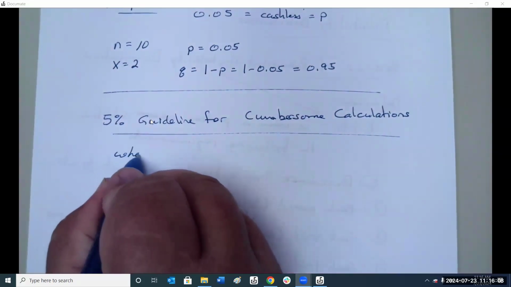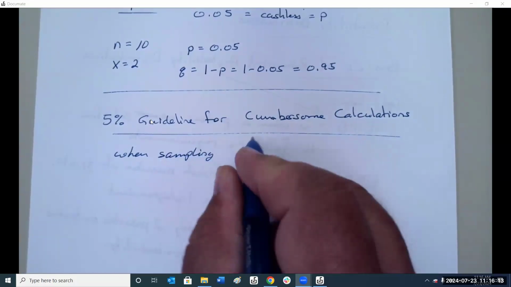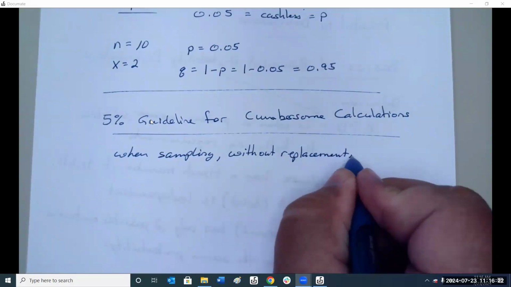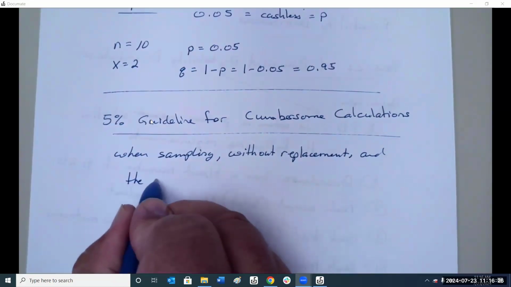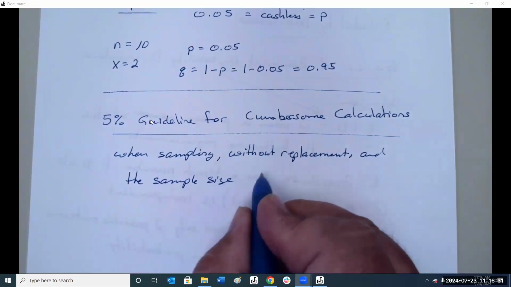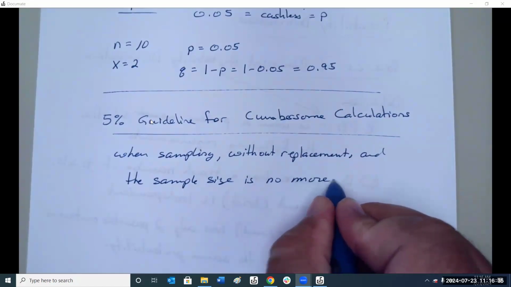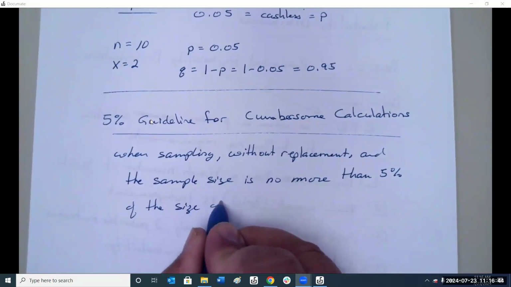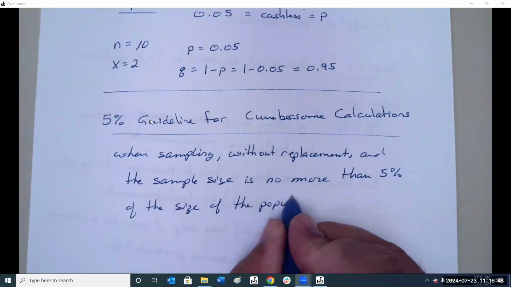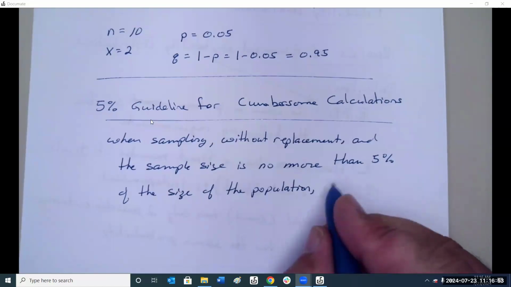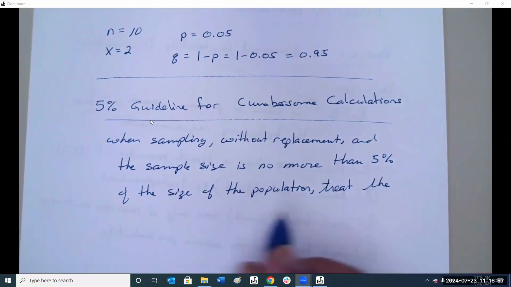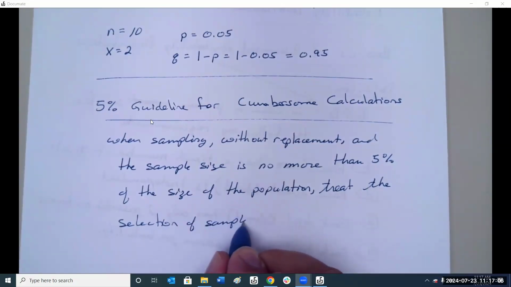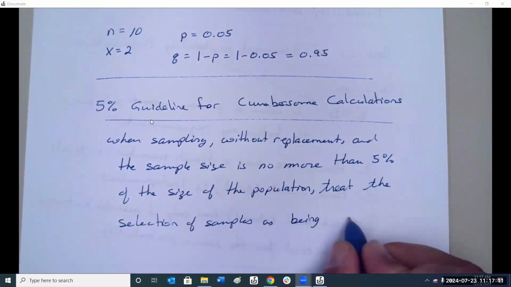What this says is, when sampling without replacement, and the sample size is no more than 5% of the size of the population, then treat the selection of samples as being independent.